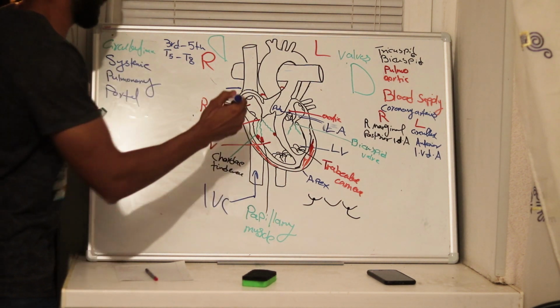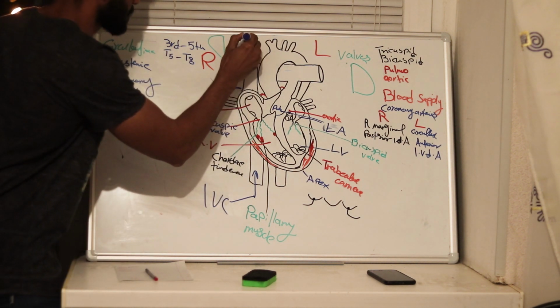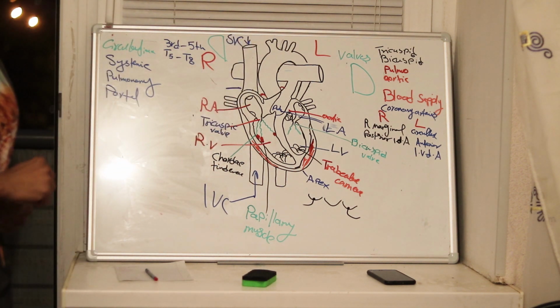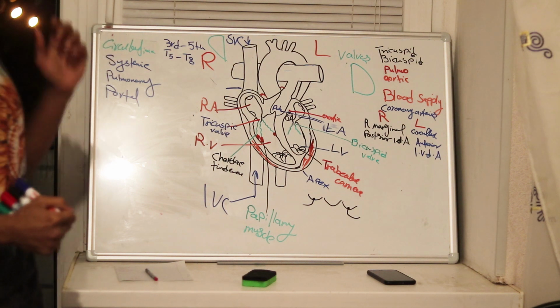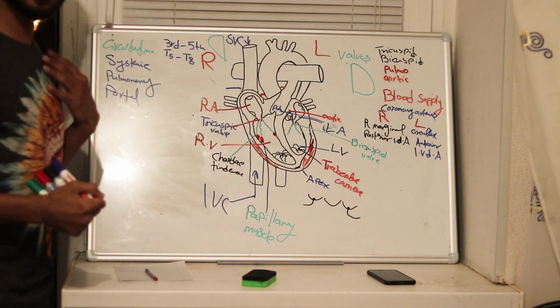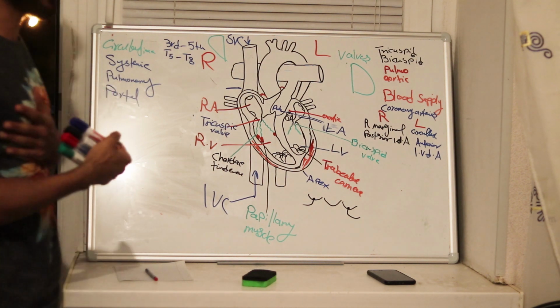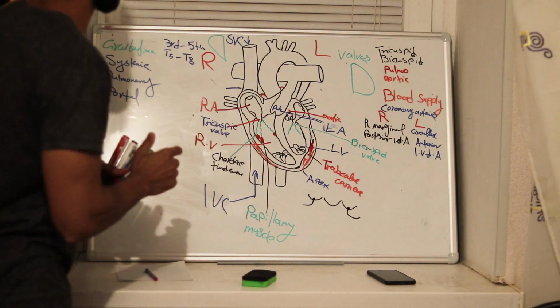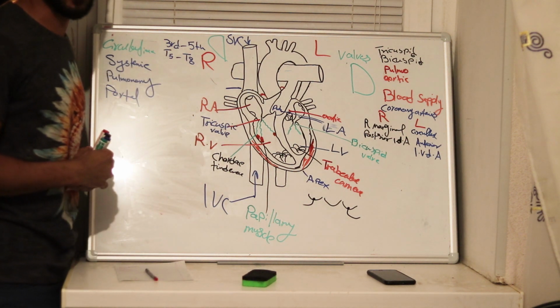The same here we have the superior vena cava. The superior vena cava drains the deoxygenated blood from the head, neck, upper extremity, upper limb, and upper trunk.